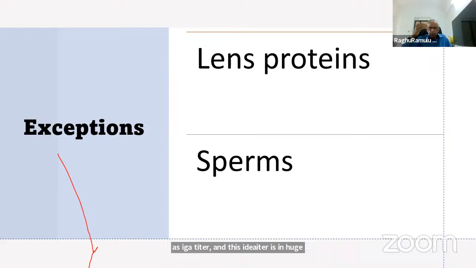In the secretory antibody pathway, we have several secretions. First is the intestinal secretion, which responds quickly and tries to generate sufficient IgA to encounter the intestinal infections.